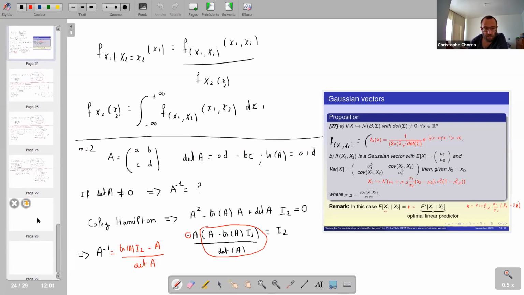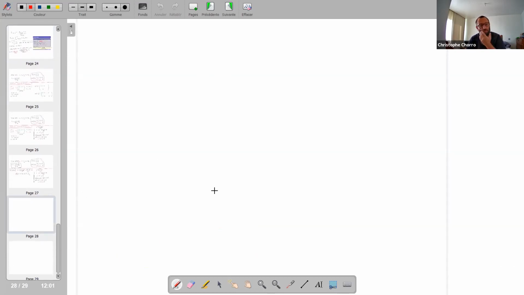So the course is finished, but nevertheless, I want to introduce some complementary material, that won't be in the program of the final exam, but I want to say things about the variance-covariance matrix, its properties, and what we can deduce from this.